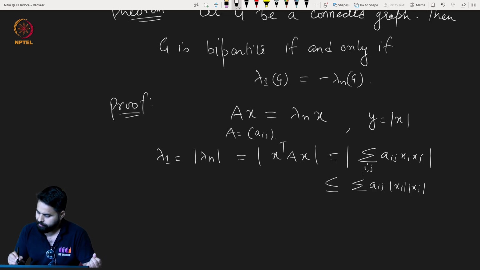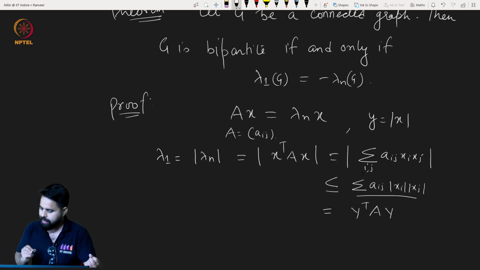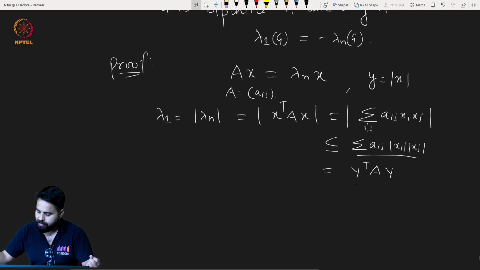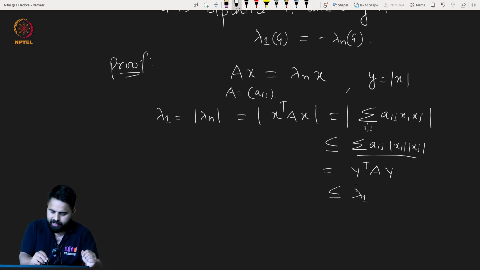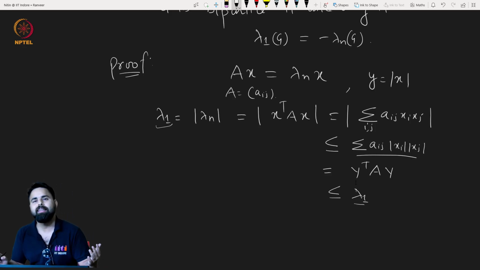But this quantity is equal to nothing but y transpose A y, because you are taking the mod. But you also know that the largest eigenvalue is always greater than or equal to this. We have seen this multiple times. If you see here, lambda 1 is here and lambda 1 is also here.